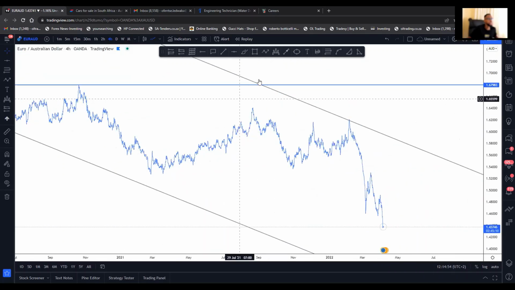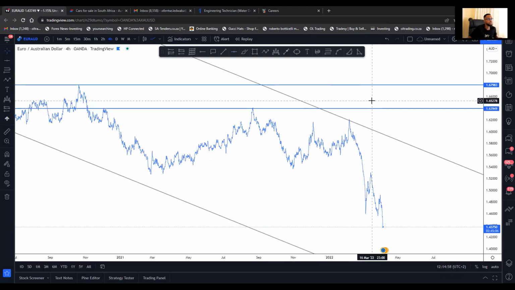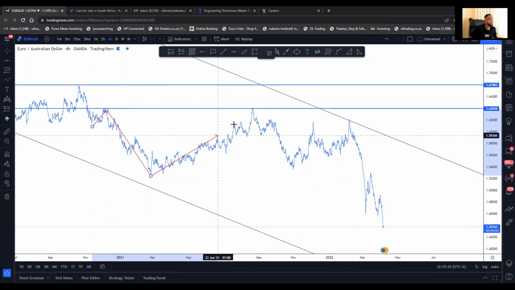So we look at the other one. We can look at this one. You can see the market came back here and it also touched here. So we can simply say the market came here, then came here as well.